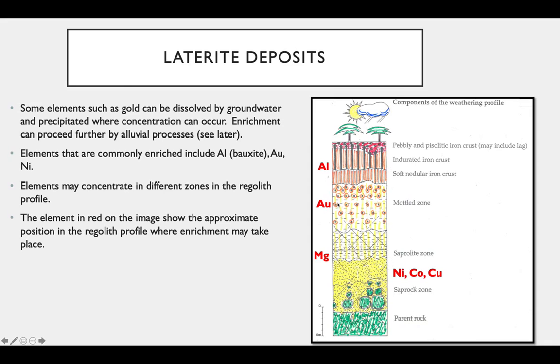Other minerals like gold can also be liberated, also platinum group elements, or nickel. They can be concentrated further into the laterite profile, where they are precipitated or reacted out in clays, and they bind in and are preserved in the saprolite zone. But remember, we need an ultramafic source. So this is the broad considerations of laterite deposits.